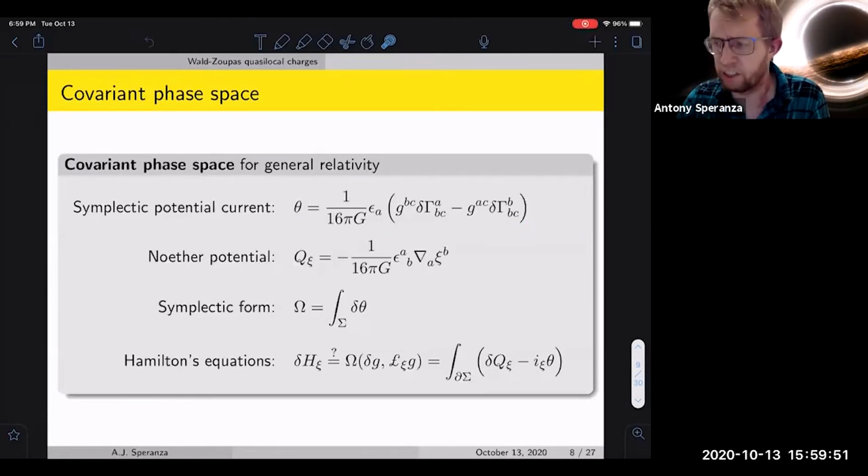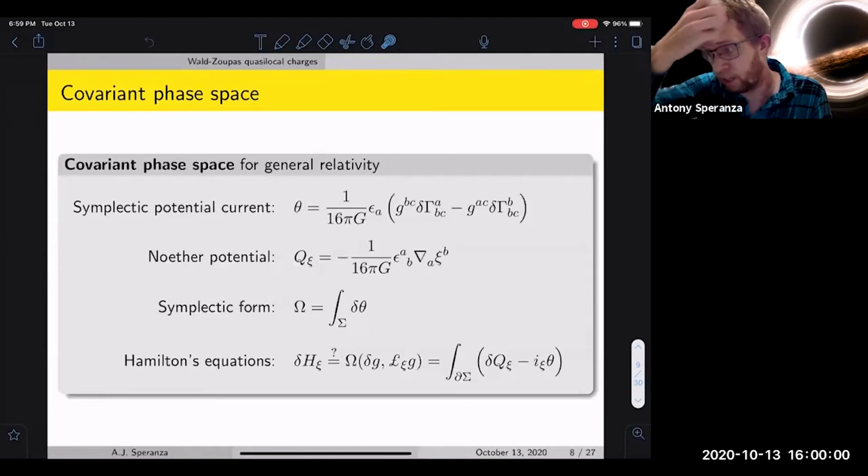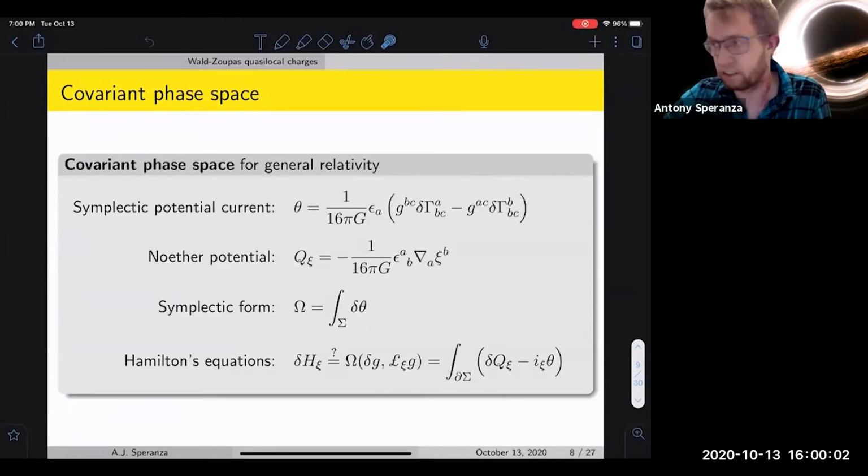And it's the thing that you're going to use to construct a symplectic form. The other thing that appears all over the place is another potential. Because gravity has diffeomorphism symmetry, you construct currents that are conserved on shell, and hence can always be written as the derivative of a potential. And that's what this Q is.